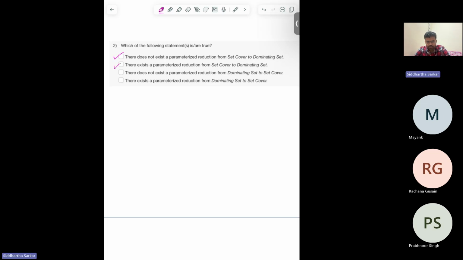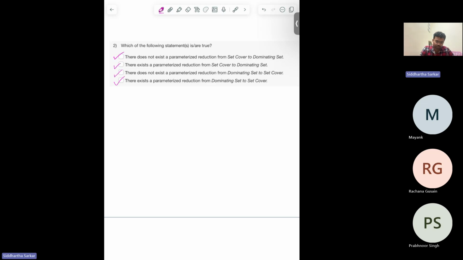The second statement: there exists a parameterized reduction from set cover to dominating set. That means the hardness of set cover and dominating set is equivalent in one direction. The other direction also needs to be proved. So there exists or does not exist a parameterized reduction from dominating set to set cover.